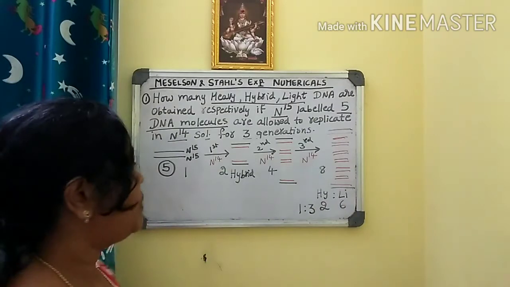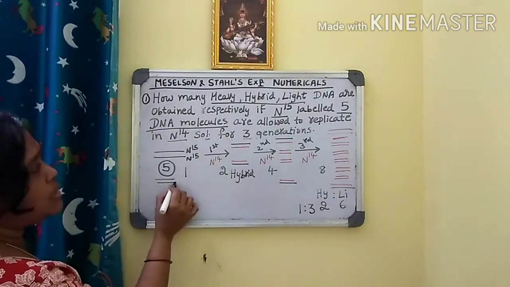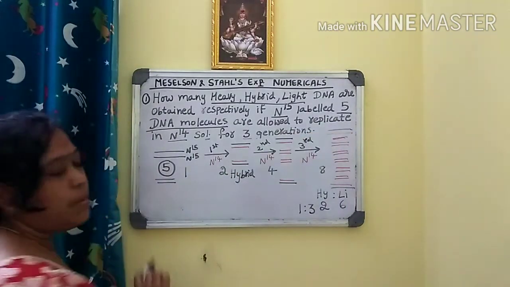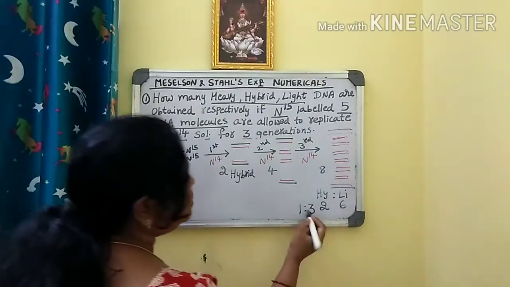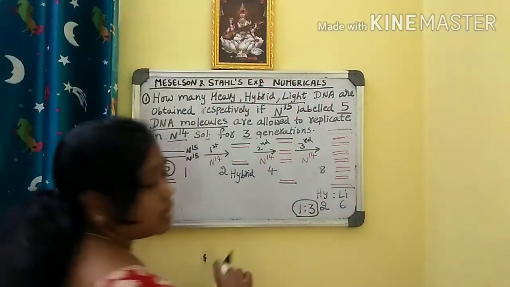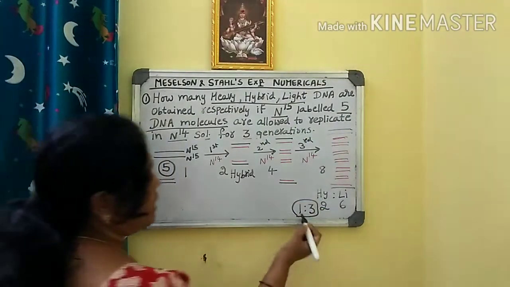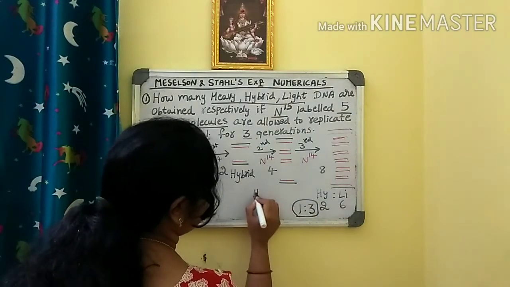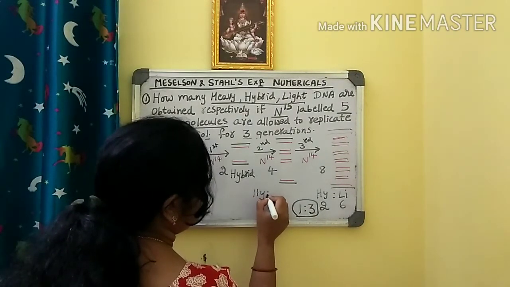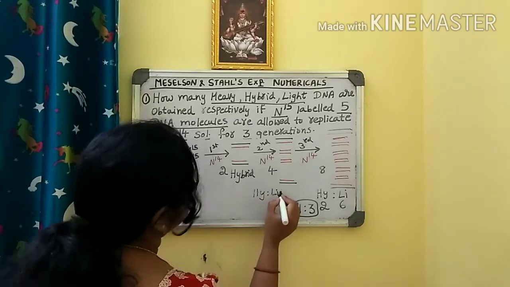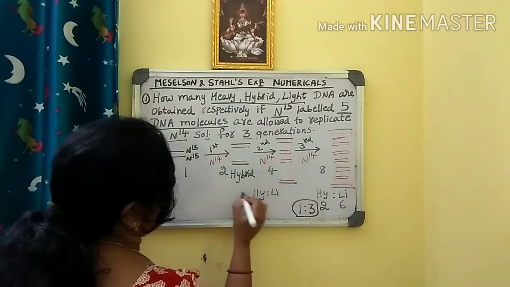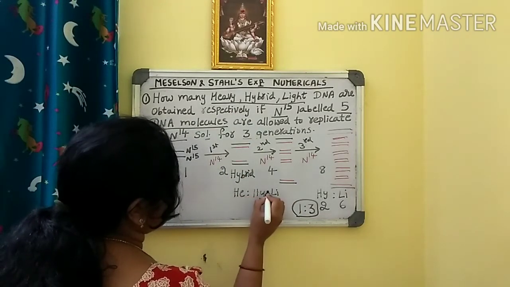But here how many molecules did they give? 5 DNA molecules. So you have to multiply this ratio. Means the hybrid and light, they have asked heavy, hybrid and light.